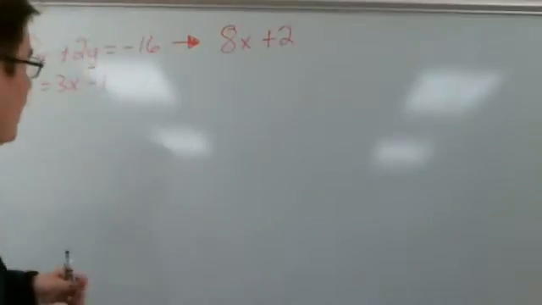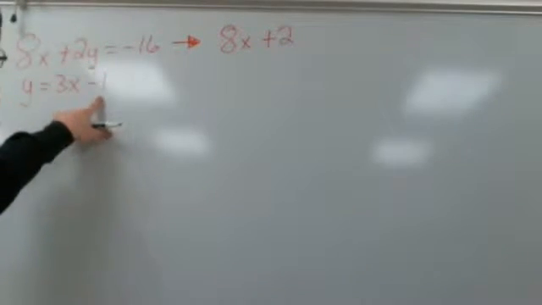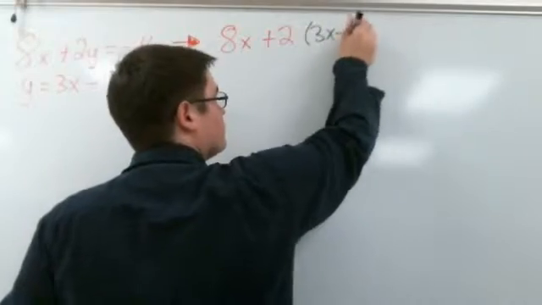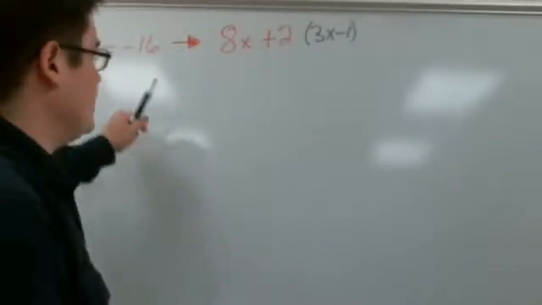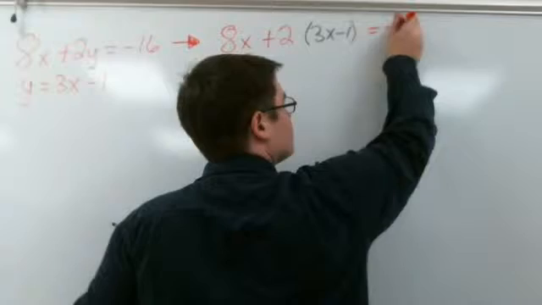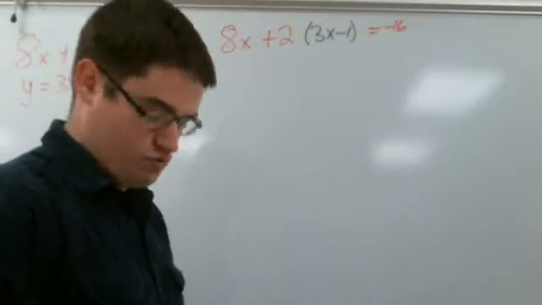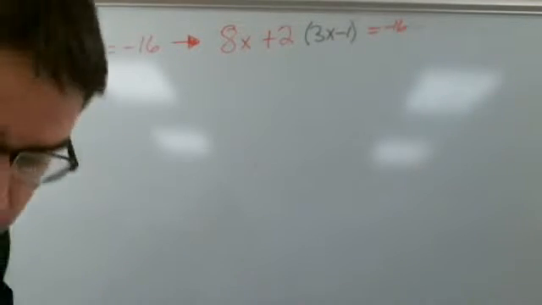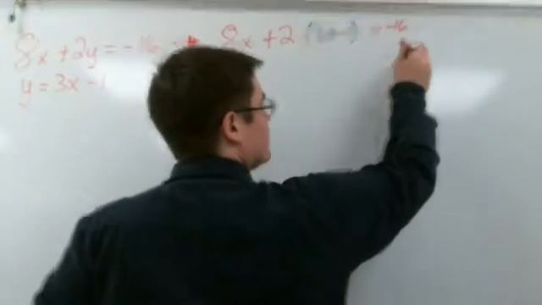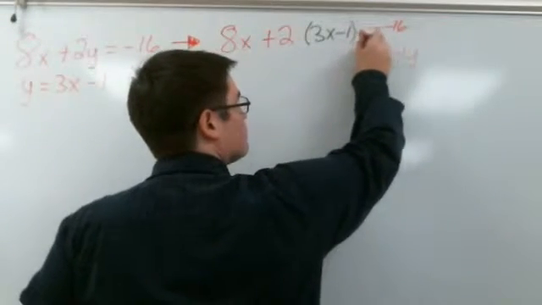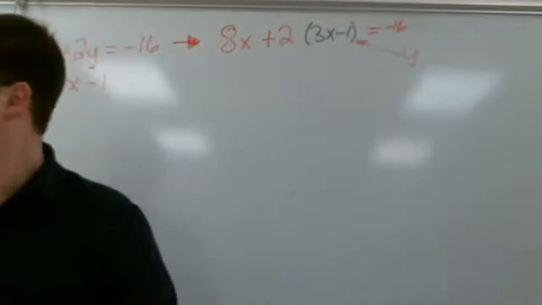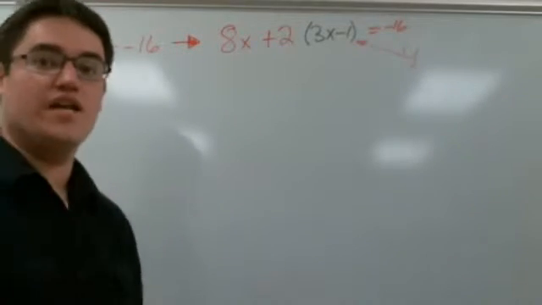Now remember, instead of y, I'm going to substitute in 3x minus 1, and that equals negative 16. So instead of y, I substituted in that 3x minus 1. Just made a simple substitution.